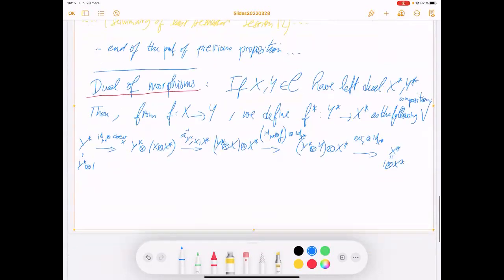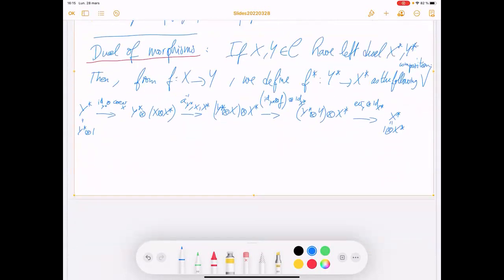So what is the pictorial representation here? The picture makes everything intuitively clear. So first, the morphism f is represented like that, just a box. And f star is exactly like that.